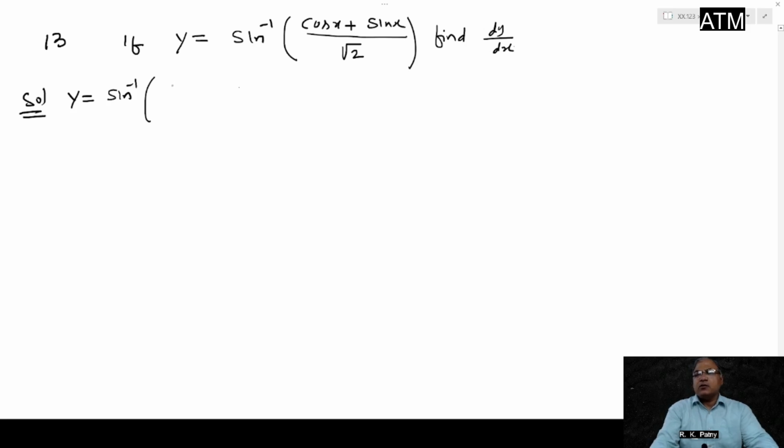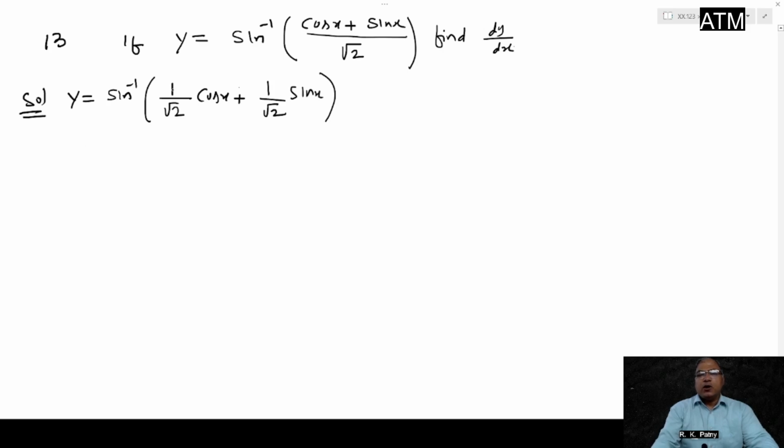Here is the root 2, so separating this, cos x plus sin x upon root 2 can be written as 1 upon root 2 cos x plus 1 upon root 2 sin x.